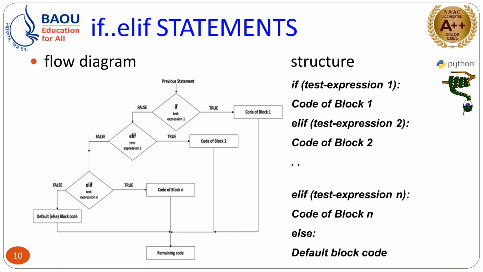If it is satisfied, that block of statements is executed. If it is not satisfied, the condition in the next elif statement is checked. And at the end, the else portion is again optional. If none of the previous conditions are satisfied, the else part will be executed. That is the default block of code that will be executed in else.